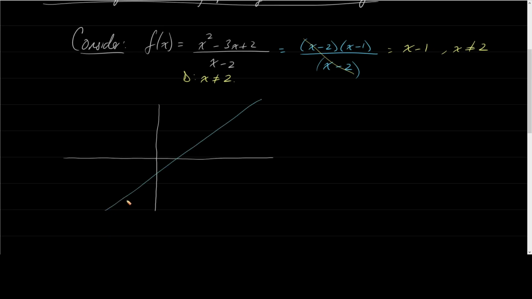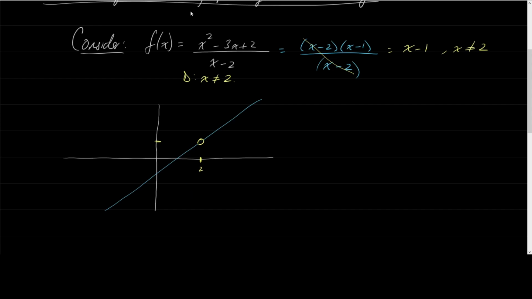For the most part, that's what x minus 1 looks like. But we have here that x cannot be equal to 2, so when we go to 2, we have a hole there. There's nothing inside of that hole.